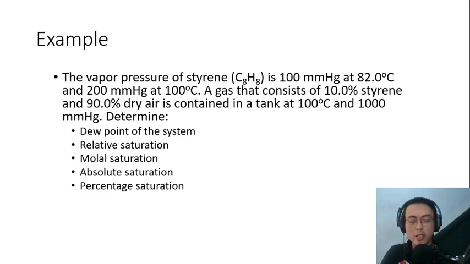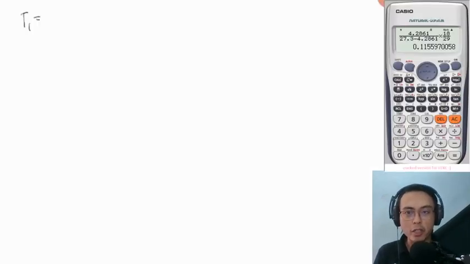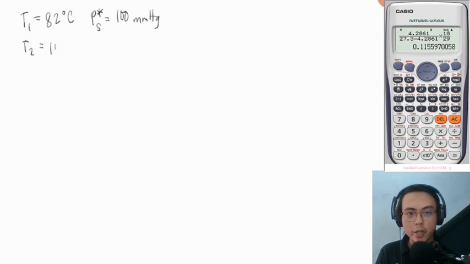Okay, let's list the given. At a temperature T1 of 82 degrees Celsius, the vapor pressure of styrene is 100 millimeters mercury. At a temperature T2 of 100 degrees Celsius, vapor pressure of styrene is 200 millimeters of mercury.